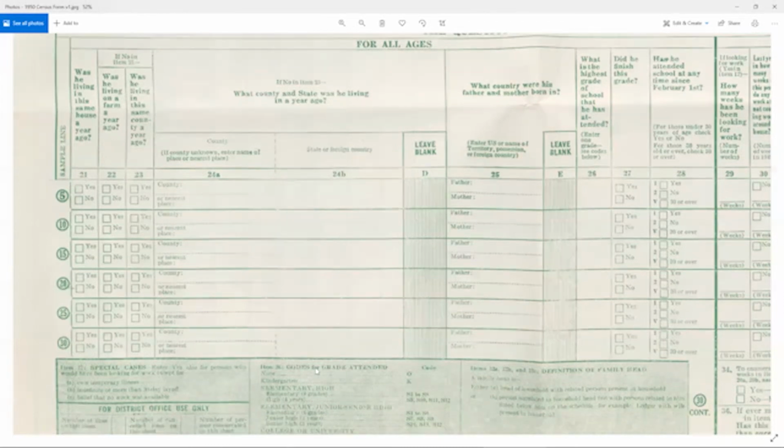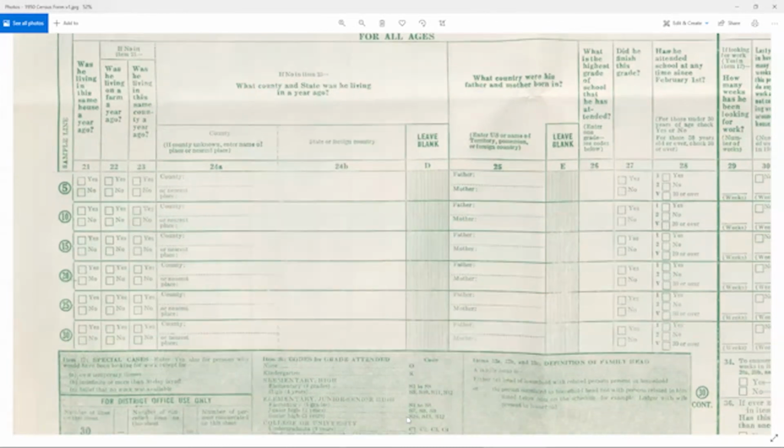Right down here is a list of codes that they're supposed to put in this column. We did see this question or a similar question on the 1940 census. It was asked for everyone. In this case, it's just for these 6 people. And then the next column is, did he finish this grade? That's where the completed comes in, and it's either yes or no.